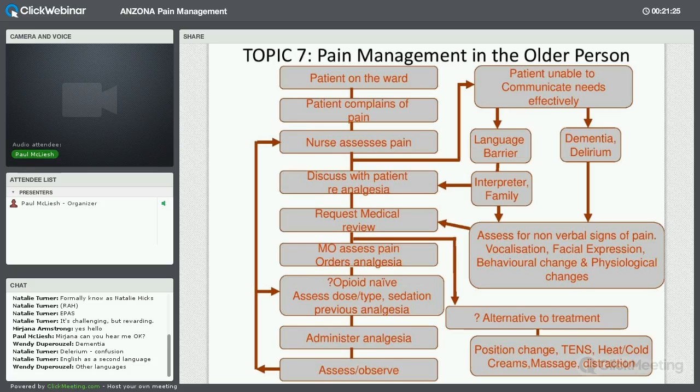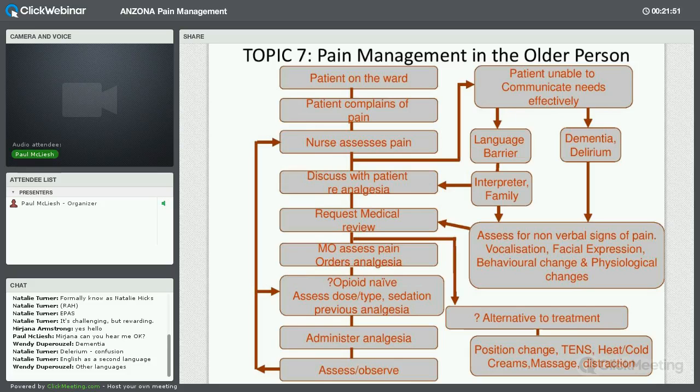So the patients on the ward, they complain of pain, the nurse assesses that pain, they discuss with the patient the type of pain and the sort of analgesia and all that sort of different information. They might ask the doctor to review the patient if they don't have any current orders for analgesia. The doctor might come along, assess the person. Hopefully they do. They don't just make it up without looking.